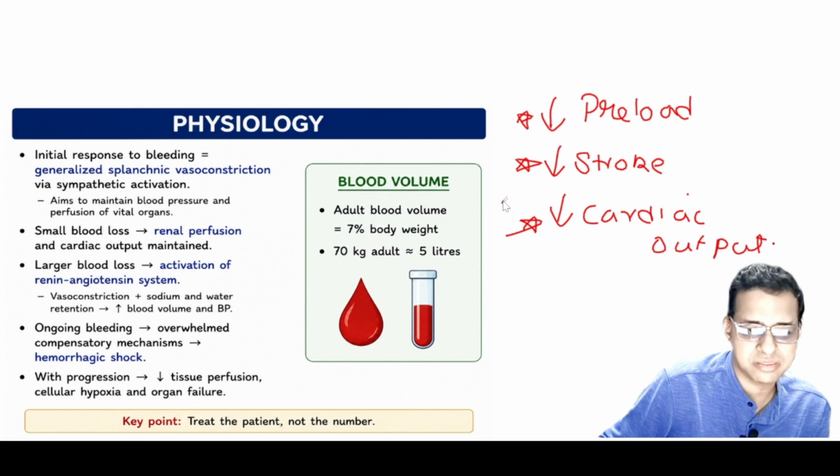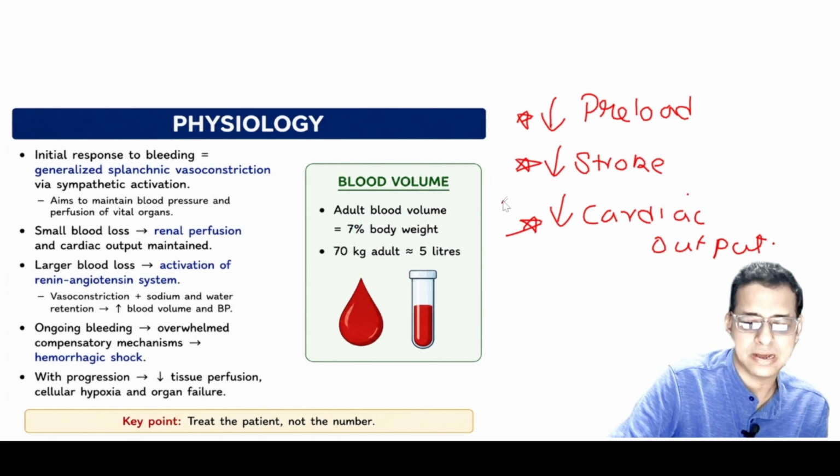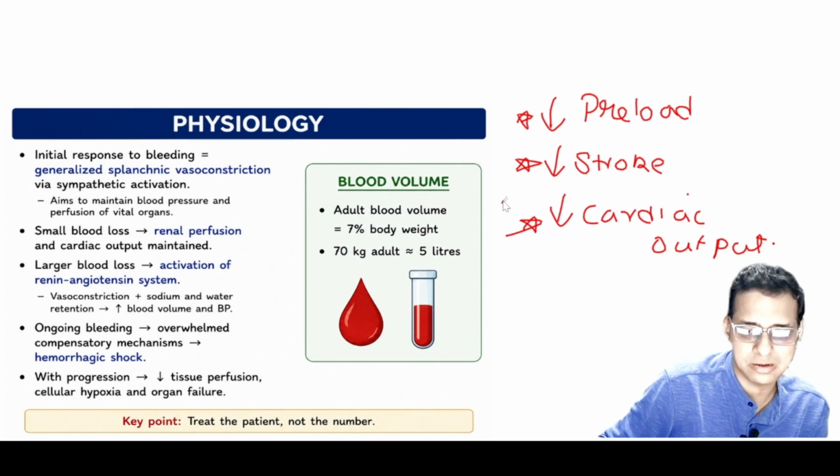To compensate, the sympathetic nervous system becomes activated, producing tachycardia and vasoconstriction, as I discussed previously. And renin, angiotensin, aldosterone, and ADH are released to conserve the fluid.